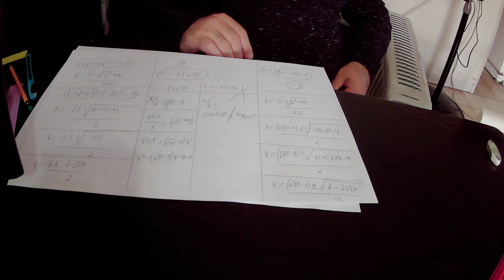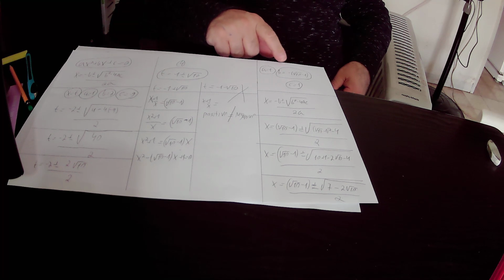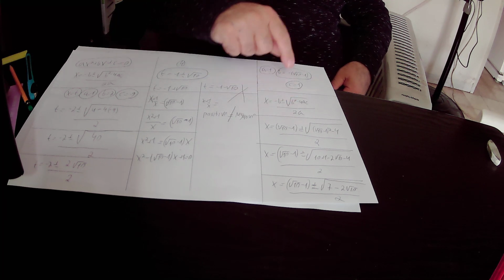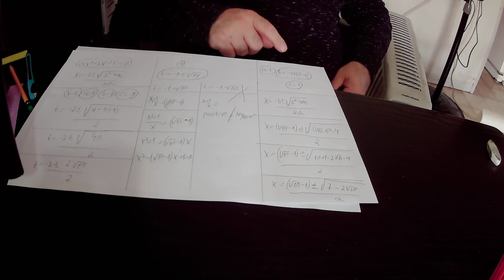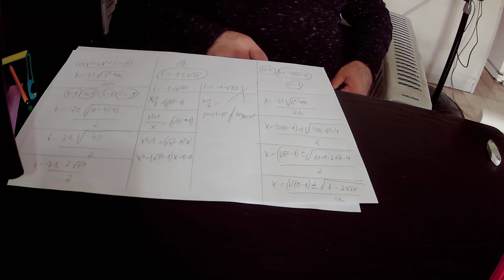In our specific expression, x equals minus b, and minus minus is plus, so here minus b is actually the square root of 10 minus 1, plus or minus the square root of b squared. b squared is (square root of 10 minus 1) squared, minus 4 times ac. a is 1, c is 1, so minus 4 times ac is minus 4, all divided by 2.